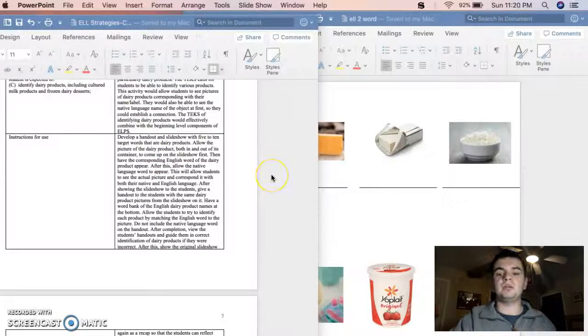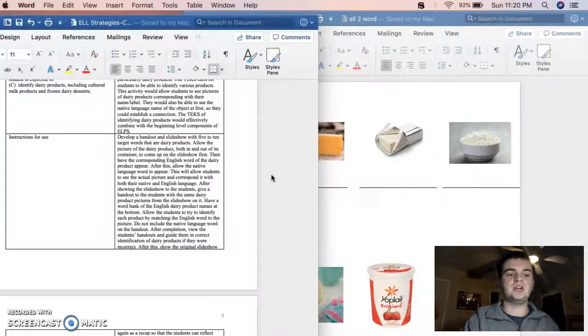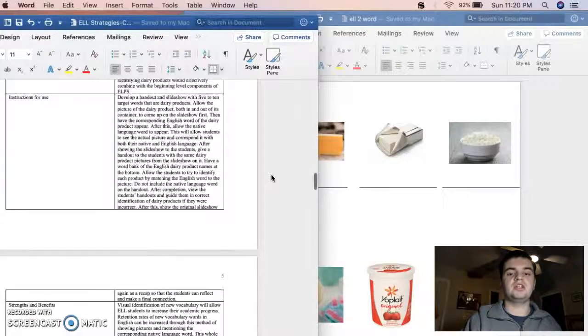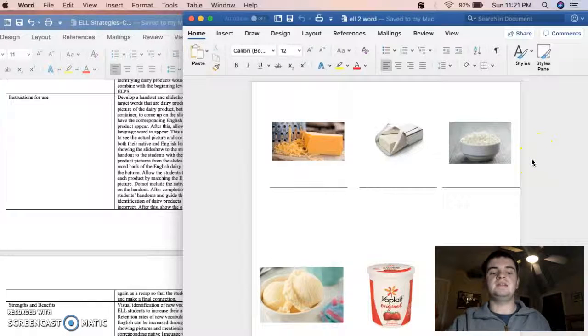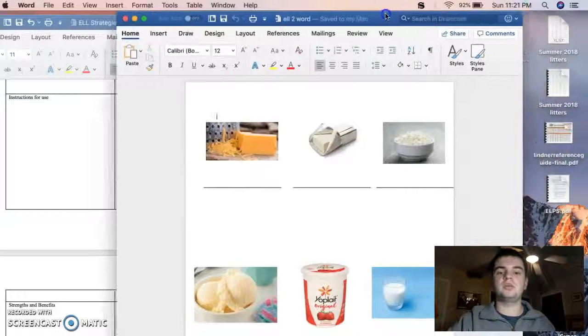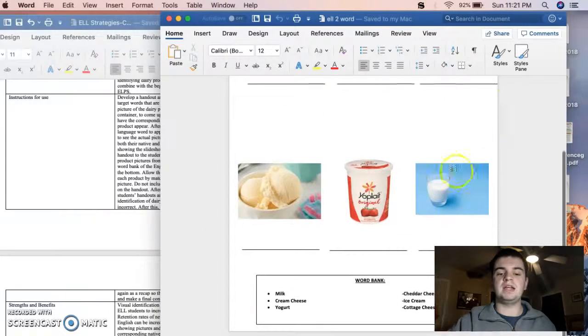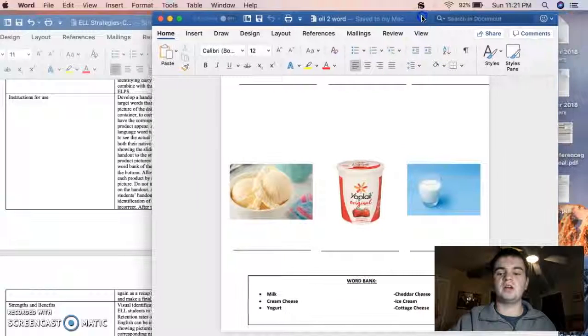And then that'd be showing the PowerPoint, the initial part of the pictorial vocabulary teaching strategy. And then the second part, you would allow them to expand upon it. They'd still be seeing the picture and putting the word to the picture. But I said you would give them a word bank. So I've got it here at the bottom with milk, cream cheese, yogurt, cheddar cheese, ice cream, and cottage cheese.